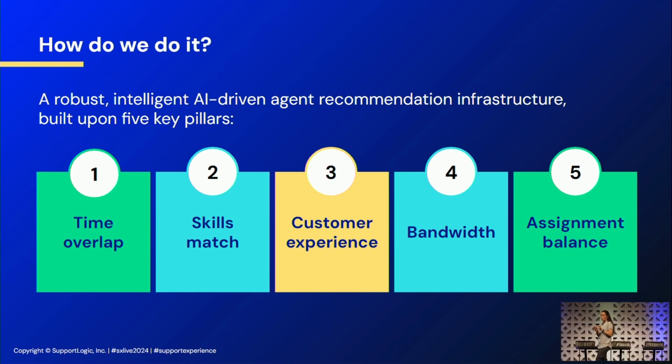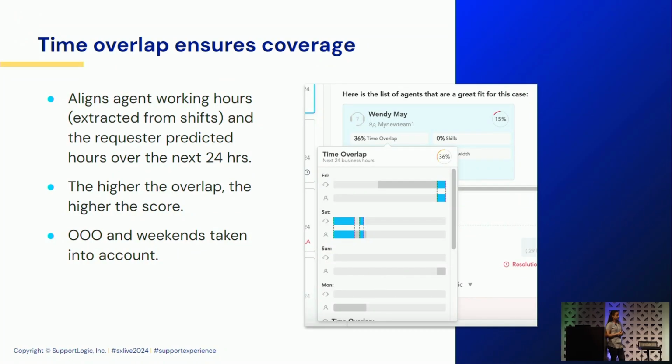There are also some small combinations of small modules around. We didn't want to mention them right away because it's just a lot. So we just want to focus on the 5 main pillars: time overlap, skills match, customer experience, bandwidth, and assignment balance. Let's deep dive into each one of them.